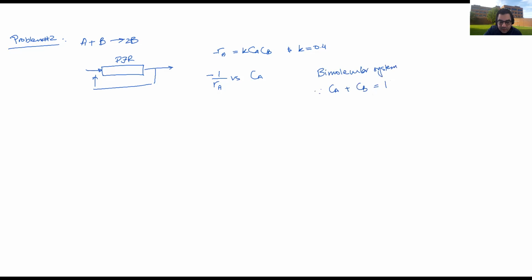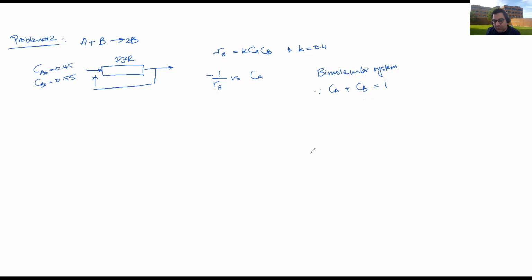So if you have a look at your feed, CA0 is 0.45 and CB0 is equal to 0.55, right? So if you do a mass balance, this will always hold: CA plus CB will be equal to 1.